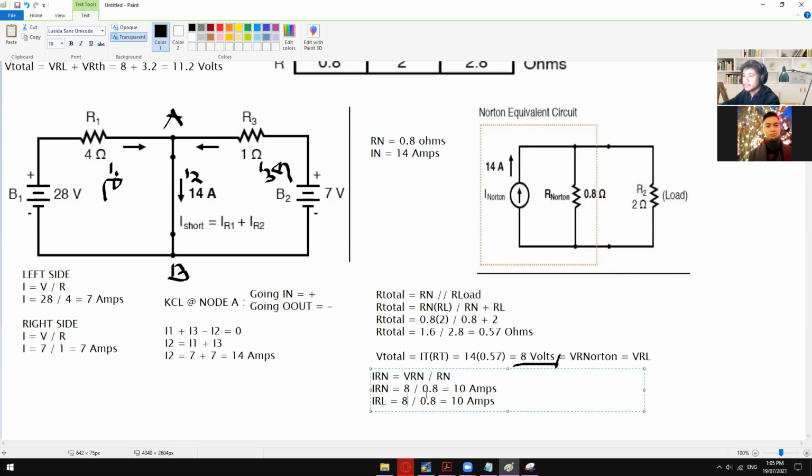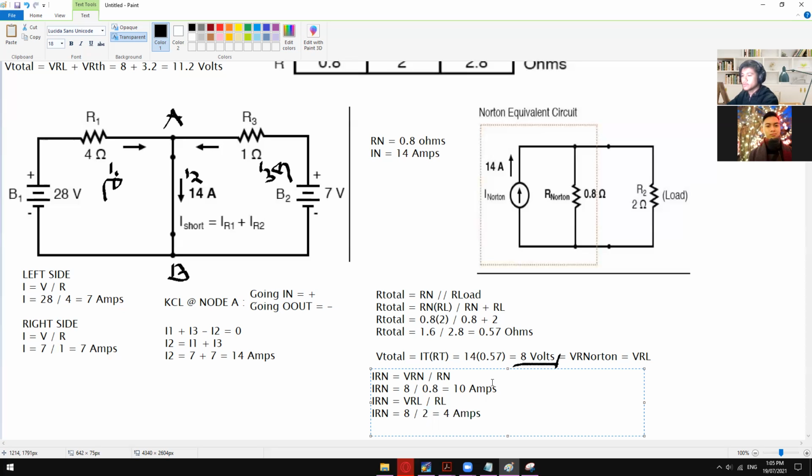So VRL is 8 volts and then RL. Okay, so for consistency, let me copy this one. VRL divided by RL. And 8 volts and then RL is 2 ohms. So 8 divided by 2 is 4 amps.